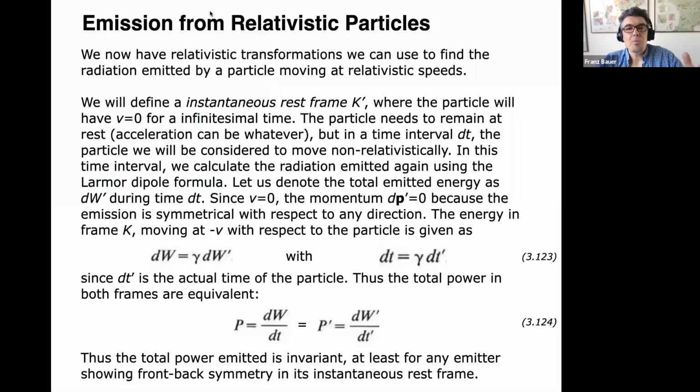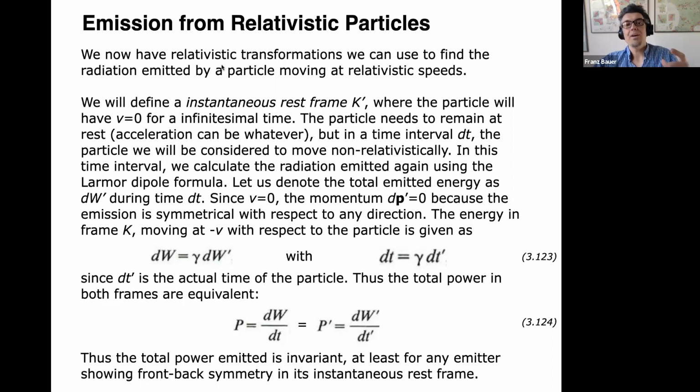So we now have things set up to do a transformation of how the field will transform from one frame to the other in a relativistic way. And now we want to actually apply this.